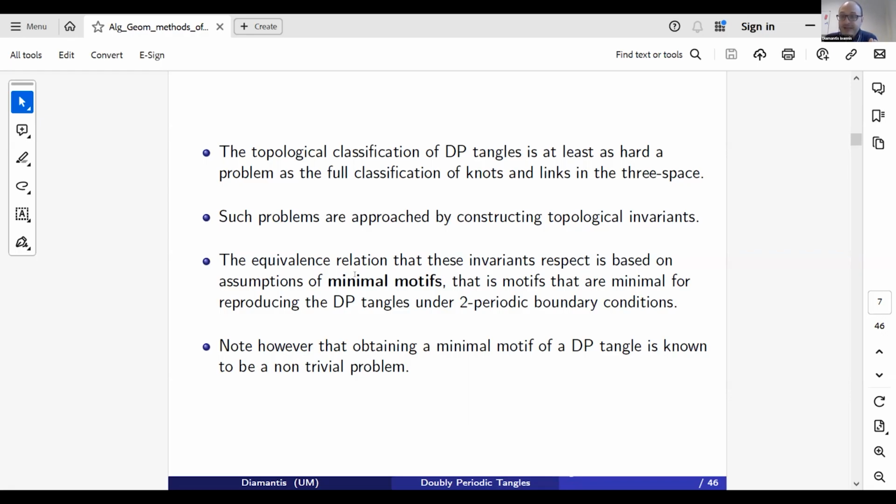But that is a little bit weird when it comes to mathematics because we start already by assuming that we have a minimal motif. So in practice, this is not very helpful because if you give me a motif, how would I know that it is minimal? Because if it's not, I cannot compute the topological invariants that we know so far.